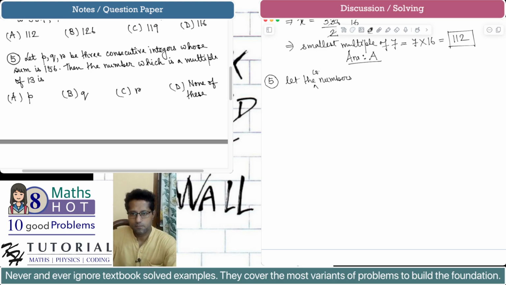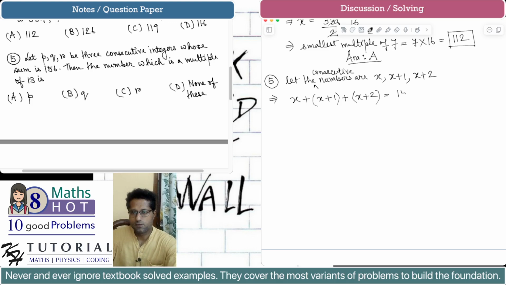Since they are consecutive, we can say if we assume that the smallest number is x, then the next number will be x plus 1 and the next number will be x plus 2. Okay, so this implies their sum is given to be 156.